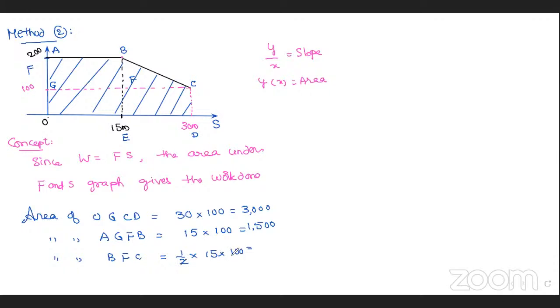If you cancel the 2 and 50s, you will get 750. If you add all, you will get 5250 after adding. Is it correct?